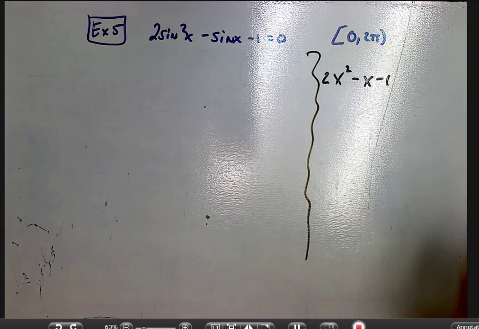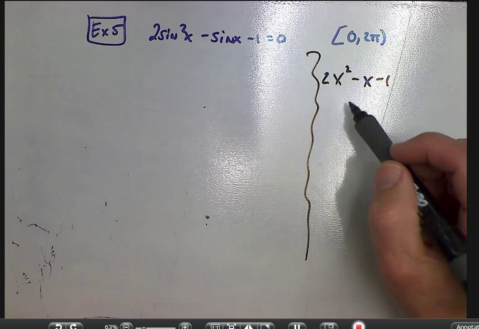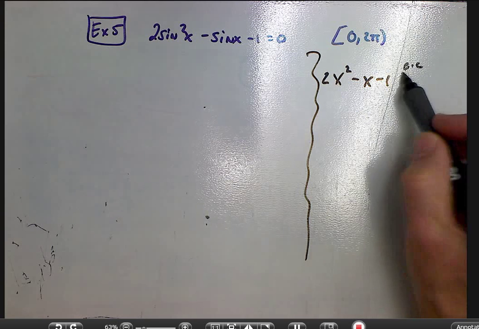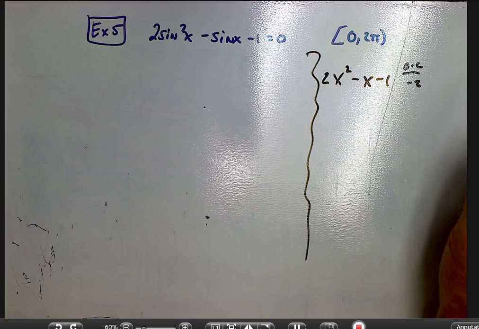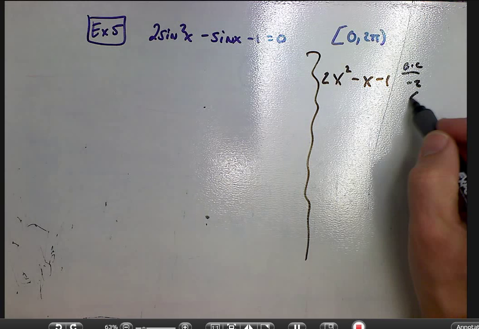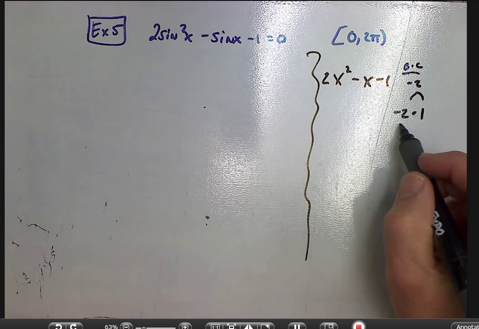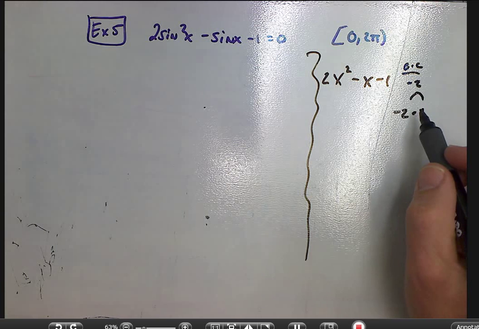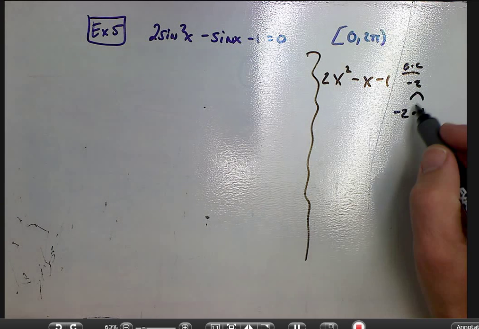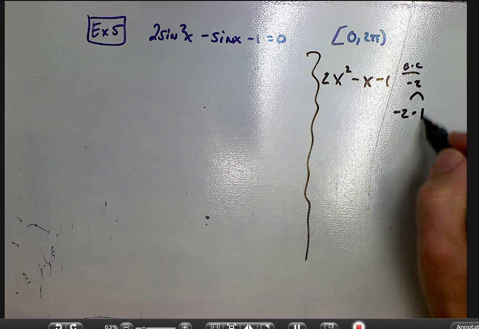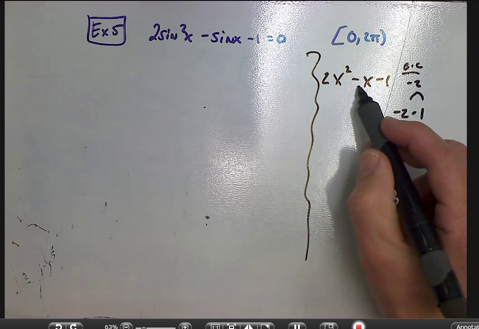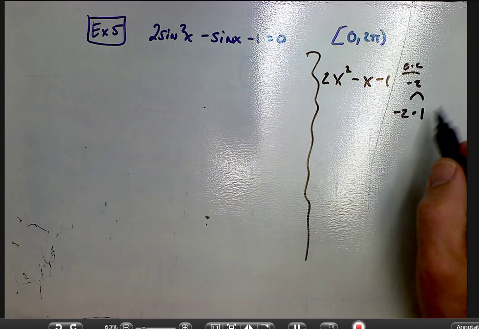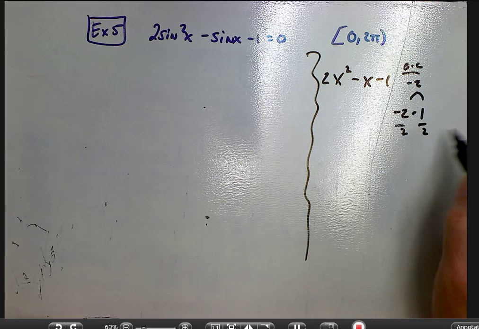We recall, or hopefully we should, the factoring: we took a times c, which is 2 times negative 1 to get negative 2. Okay, a times c, we multiplied negative 2 times 1 to make negative 2 and added that to make negative 1 in the middle. We divide by a, which is 2, negative 2 to get negative 1.